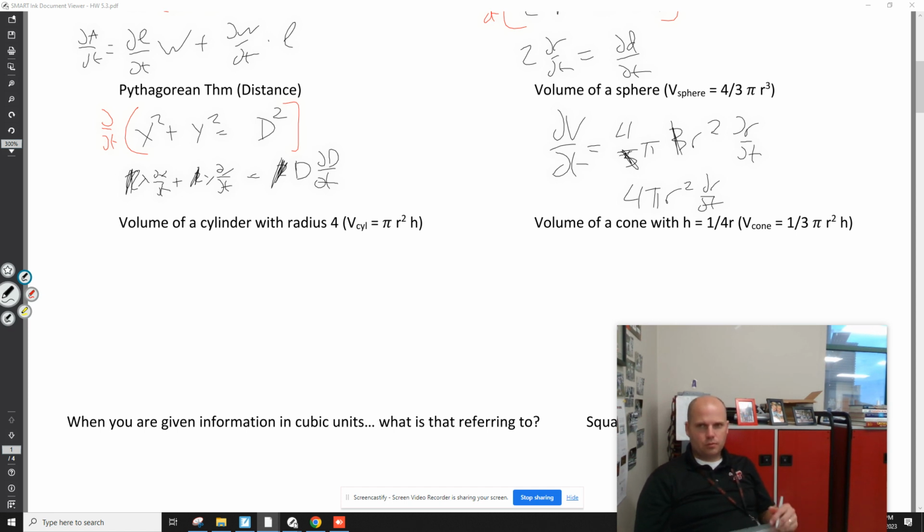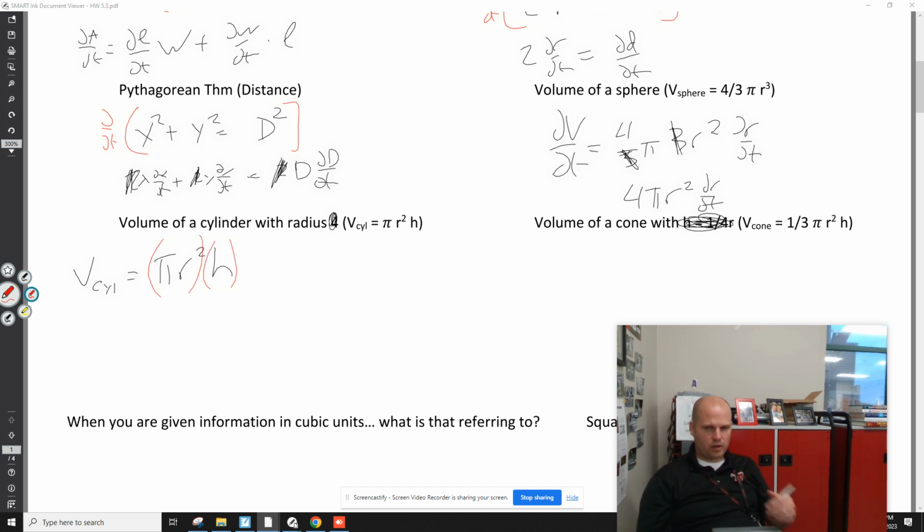Cylinder, cones will show up. If you take the derivative of a cylinder as you see it, it's a product.